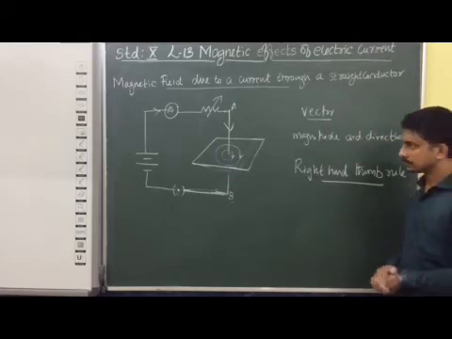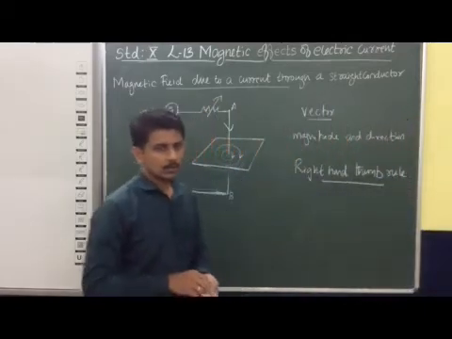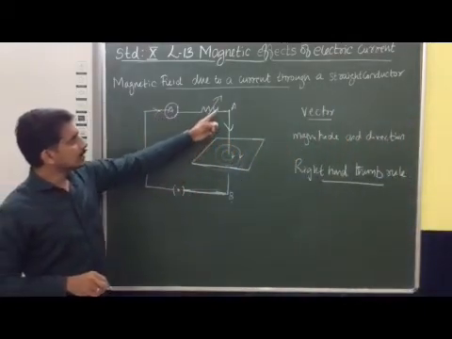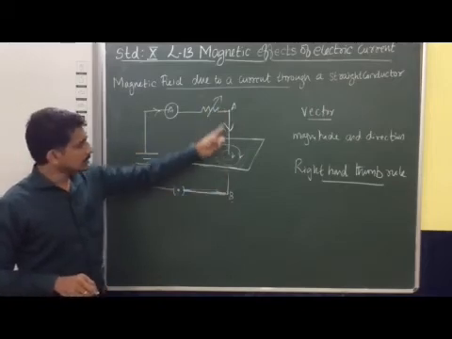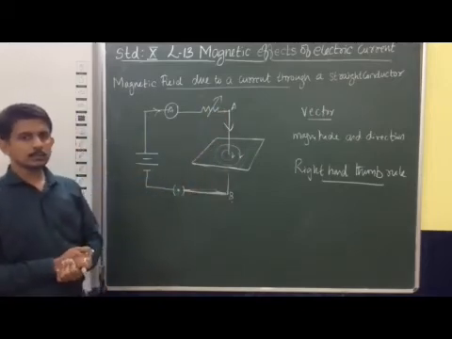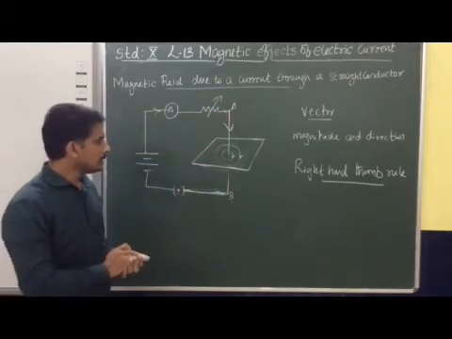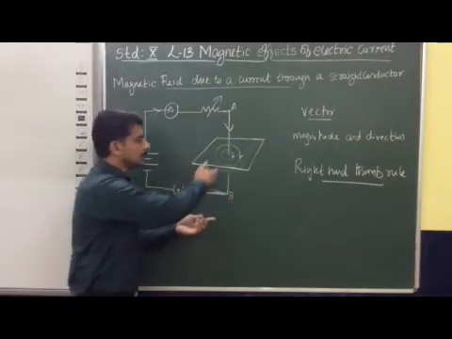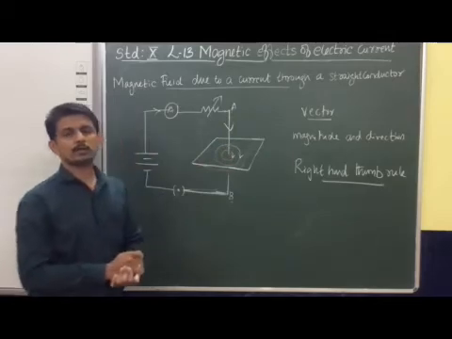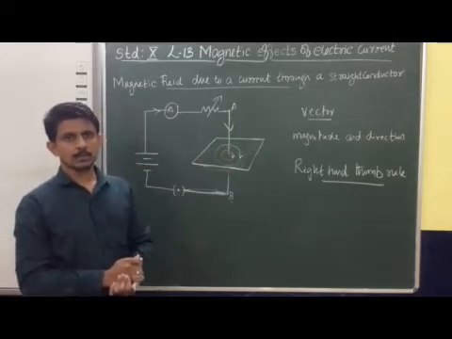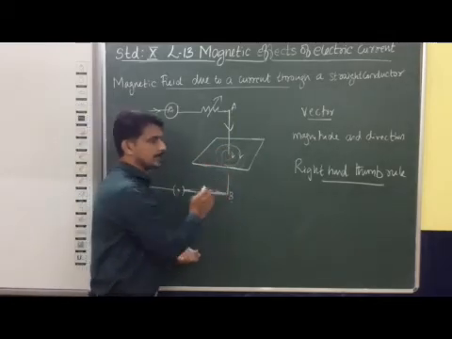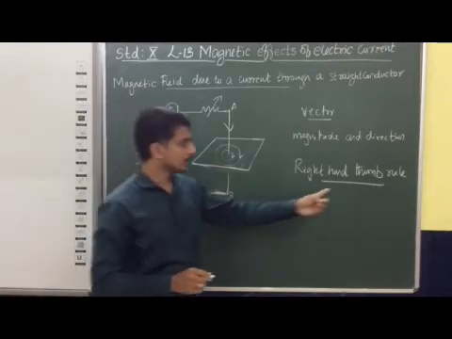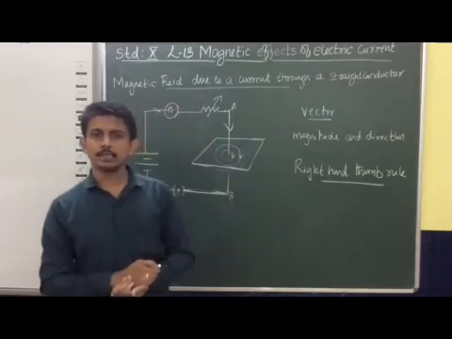So we can say that when we are considering the case of a long straight conductor, current is flowing along this direction. Field lines are produced in the form of concentric circles, and the direction of these field lines is given by the right hand thumb rule.